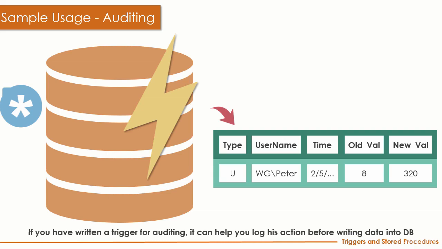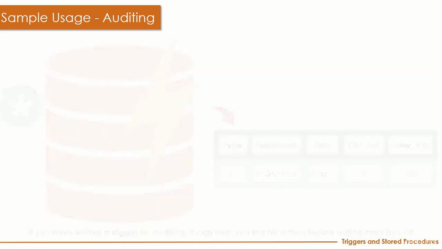So the type is update, the username who made the change is WG Wong, WG Peter, and the time is 2nd of May. The old value is $8, the new value is $3.20. So you can record this, and when you find the data has a problem, you can go back to check.